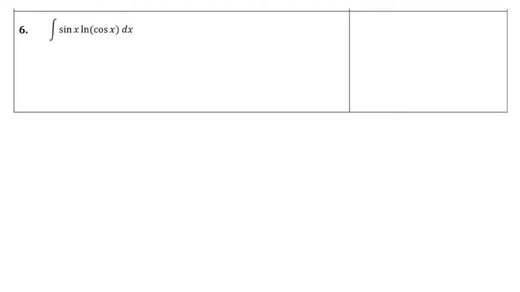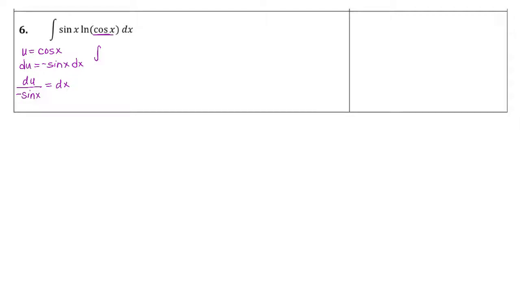All right, really strange problem here. We are going to start out not with integration by parts, but we're starting out with u substitution. So we're going to let u equal cosine x. Du would then be negative sine x dx. And solving for dx so that we can do the substitution, du over negative sine x is equal to dx.